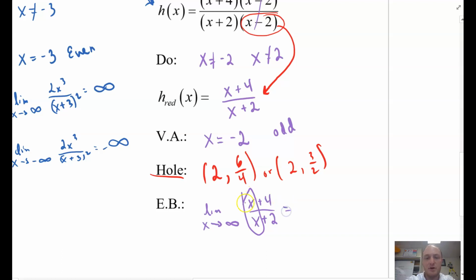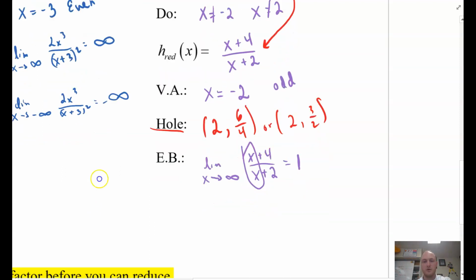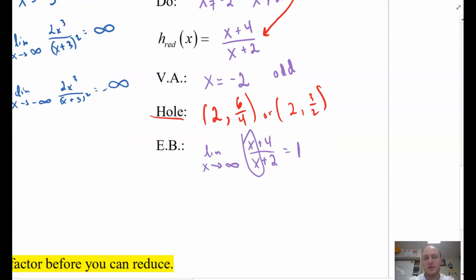The coefficient is 1 and the coefficient in the denominator is 1. So this limit is 1. That's where your horizontal asymptote is going to go. It's going to go to positive 1. Same for x approaching negative infinity, it equals 1. And this is a horizontal asymptote at y equals 1.